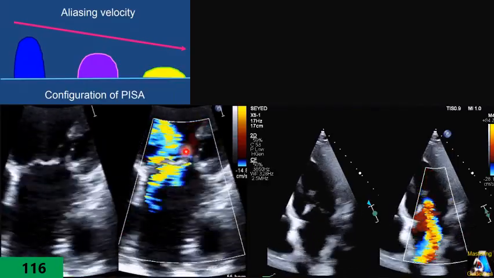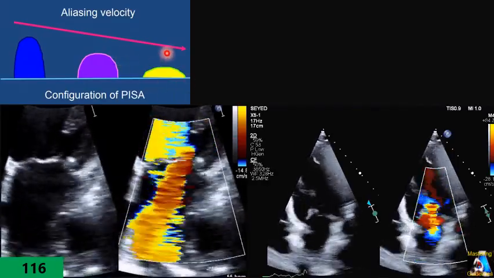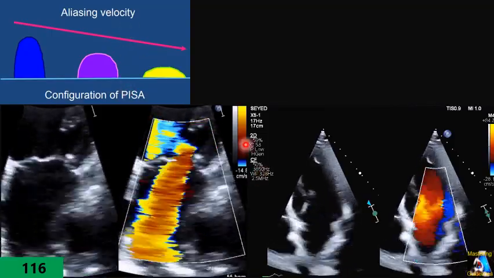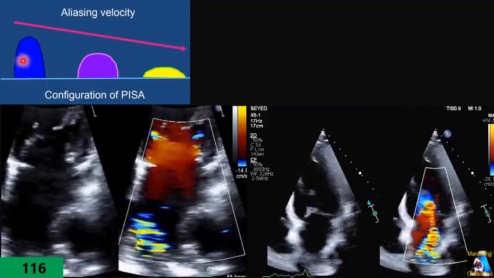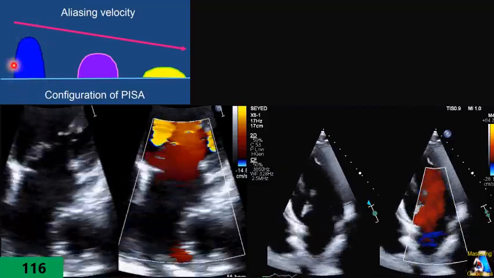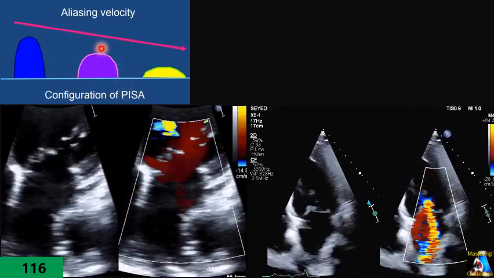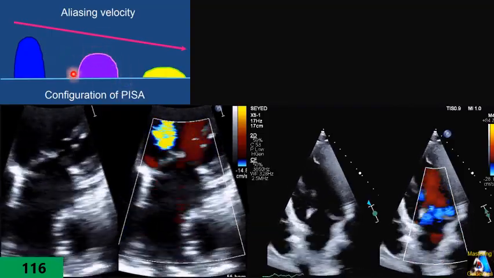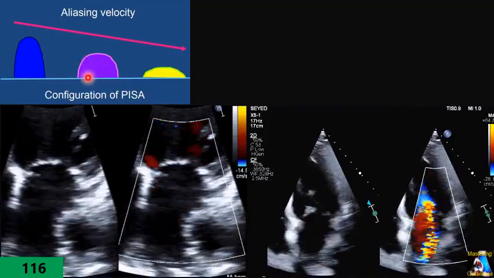Just remember, the shape of the PISA is dependent on the aliasing velocity. If the aliasing velocity is close to the zero baseline, meaning high, the shape of the PISA will be more elliptical. At a specific spot it becomes almost circular or hemicircular, or more accurately, hemispheroid.